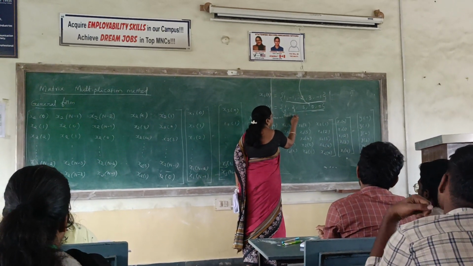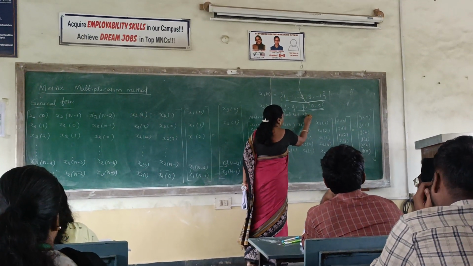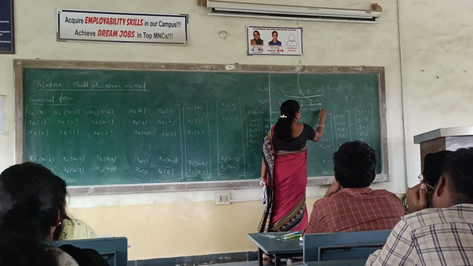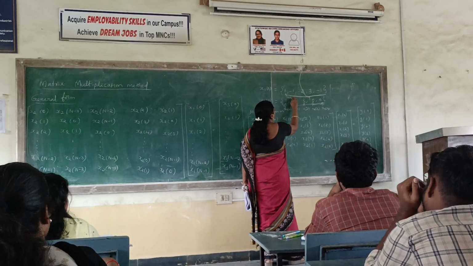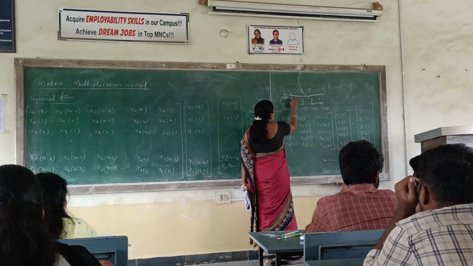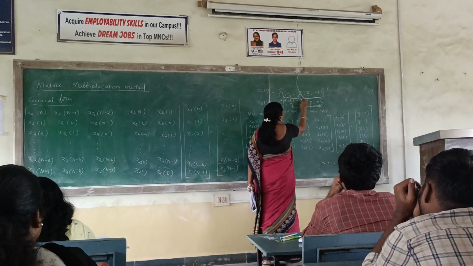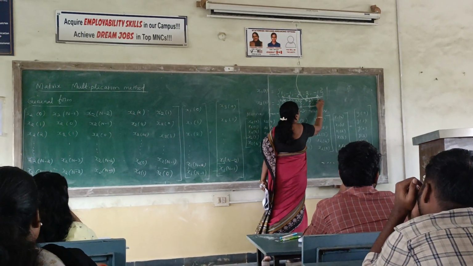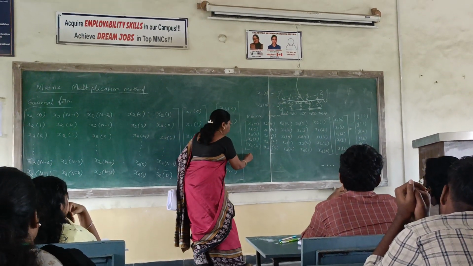This is x2 of 1, this is x2 of 2, this is x2 of 3, and x2 of 4. And x1 of 0, x1 of 1, x1 of 2, this is x1 of 3, and this is x1 of 4. So substitute the corresponding values over here.